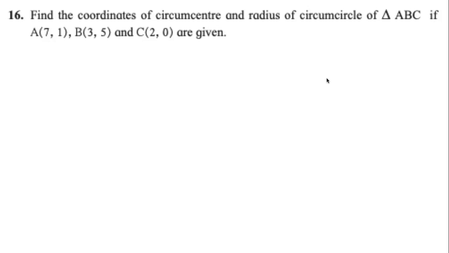The center of that circle is called the circumcenter, which is at the same distance from the 3 vertices. So using the distance formula, we can find the coordinates of that center. And once we find the coordinates of that center, we can find the radius, that is the distance between the circumcenter and any of the vertices. So there is just one additional part to the question, but no new logic.